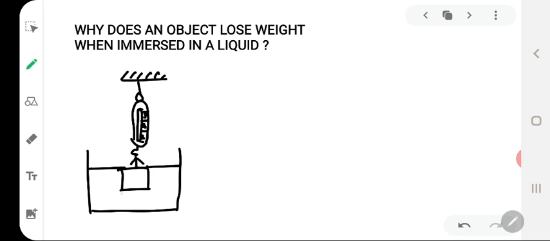So what are the forces acting on the object when it is immersed in the liquid? Obviously there are two forces. First of all, the weight of the object, which is acting vertically downward, and the other force acting on the object is the upthrust applied by the liquid, or the buoyant force due to the liquid, which is acting vertically upward.